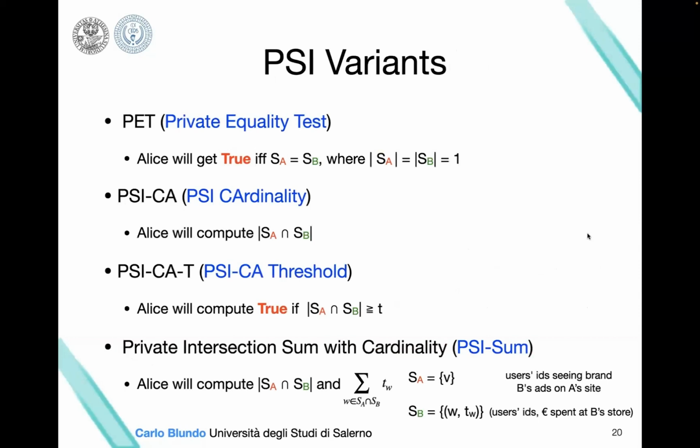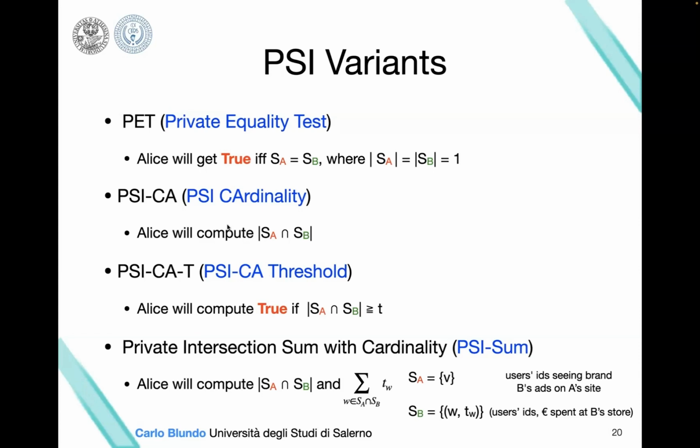There are several private set intersection variants. The simple variant is private equality test, where the two sets have the same cardinality, and Alice will get true if the two sets are the same, so if the value held by Alice and the value held by Bob are the same.